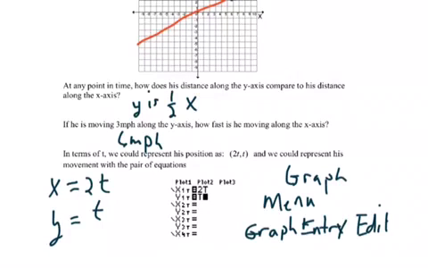It might also say graph type, depending on when you last updated your system. And you're going to go down to parametric mode. Once you do that, it will ask you x sub 1 of t, y sub 1 of t, depending on if you've already got parametric equations in there. And that will allow you to put in these graphs.